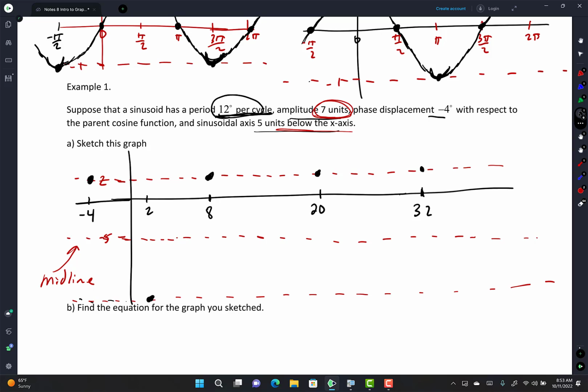Do you guys see how we did it? Now that minimum repeats every 12. So the next one's going to be at 14. And the 14 better be the middle between 8 and 20. It is. 14 is 6 away from 8, and it's also 6 away from 20. Do you see how it's the middle?